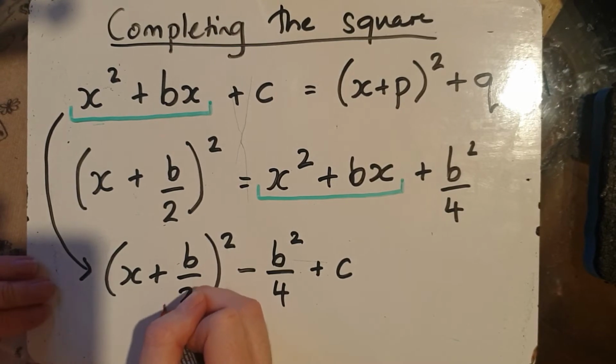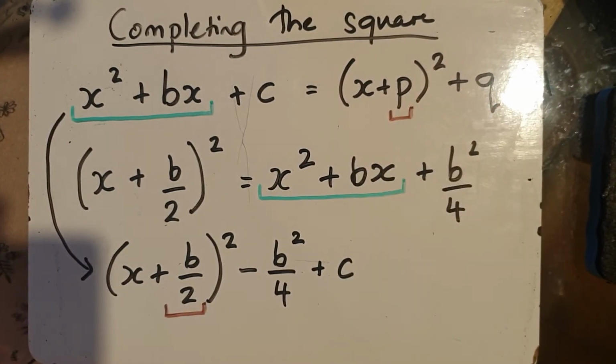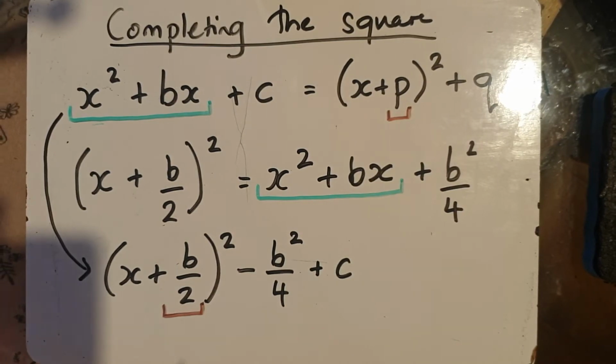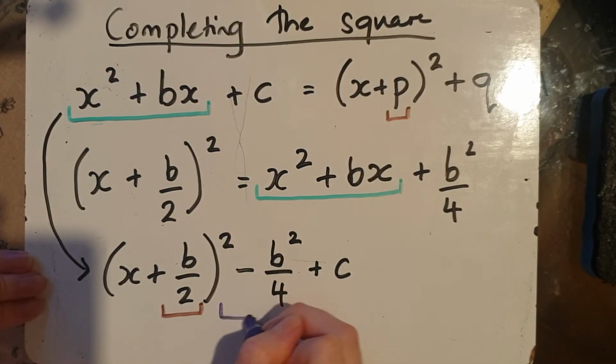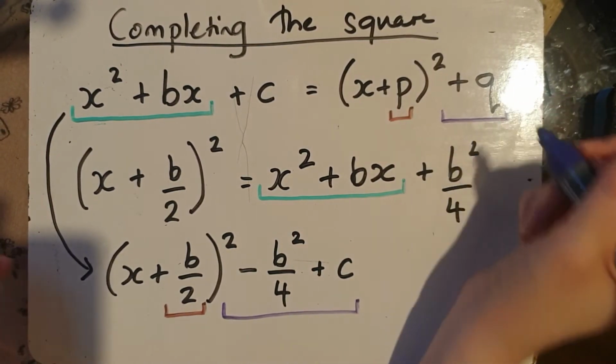That means that this b over 2 is p, and this minus b squared over 4 plus c is q.